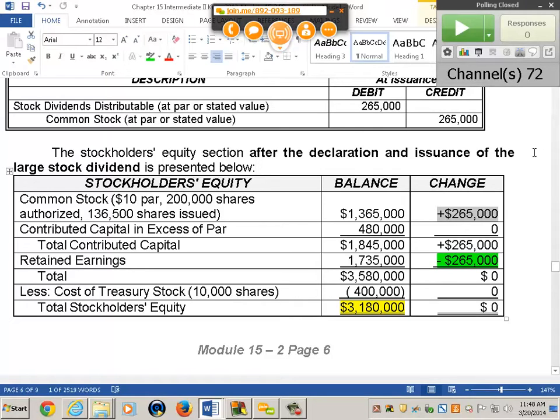And of course, the book value per share is also going to drop. This time 25.14. Total book doesn't change, but if you divide 3,180,000 by 126.5, you get your 25.14. And that's your revised book value per share.